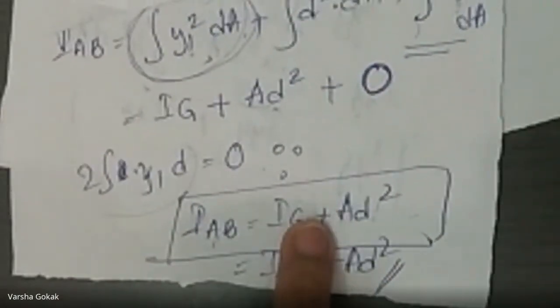So this is about your parallel axis theorem. And if I want to define the parallel axis theorem, the MI of any area about x-axis, or about any axis in its plane, is the sum of MI about the parallel axis passing through the centroid plus the product of area into the perpendicular distance between them.